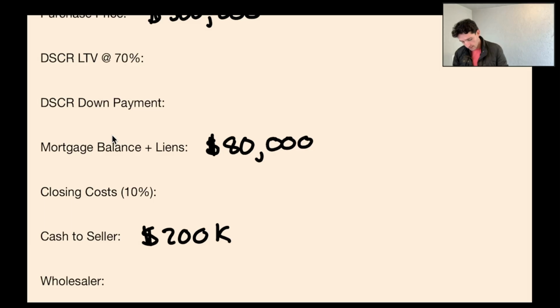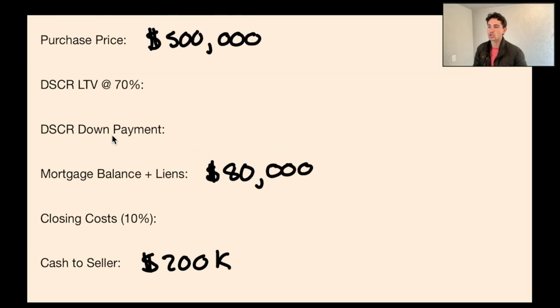The first step is putting the numbers together. What we're doing right now is calculating cashback at closing for the buyer. Normally people who are buying this way want to buy with no money out of their pockets or get paid at closing. So that is going to be considered a good deal in that first part of running the numbers.